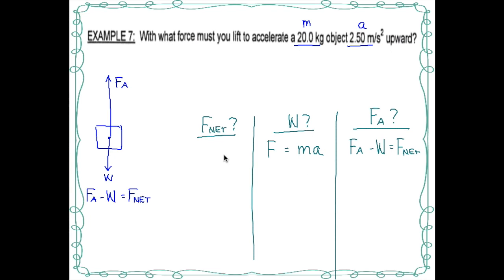How am I going to find net force? That's also F equals ma. I'm going to use it the other way, where net forces cause the acceleration of the object. So mass, I know. That's the mass of my object. Acceleration of the object, I know. 3 steps. It's a 3-stepper. Pause the video and try this yourself.